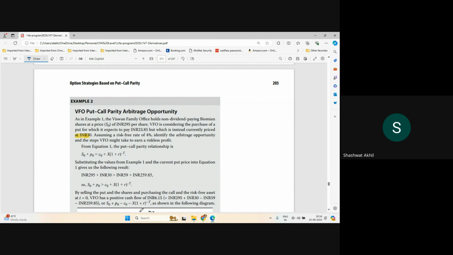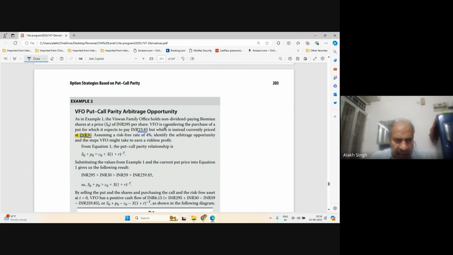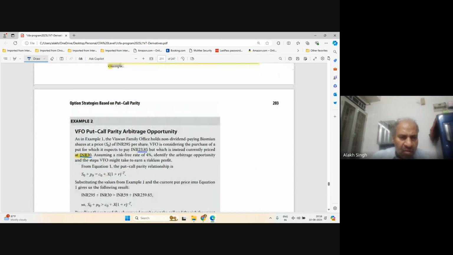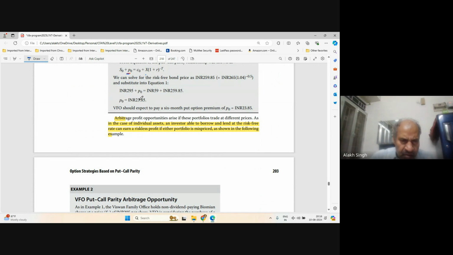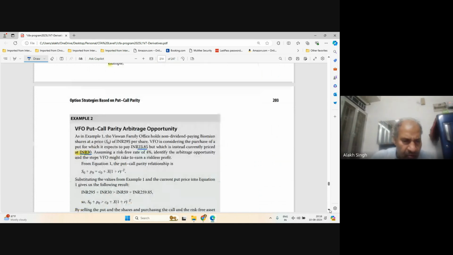VFO is considering the purchase of a put for which it expects to pay INR 23.85, but which is instead currently priced at INR 30. So we had calculated 23.85, that should be the fair price of the put. But now in the market, the price is 30. Someone has calculated it wrongly. Okay, so then read further.